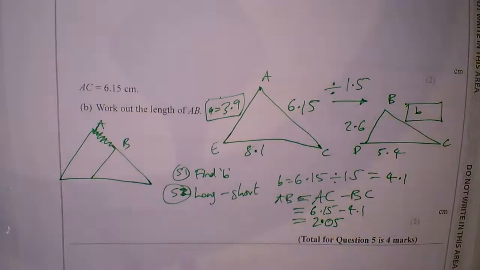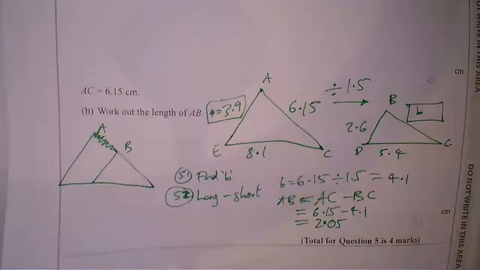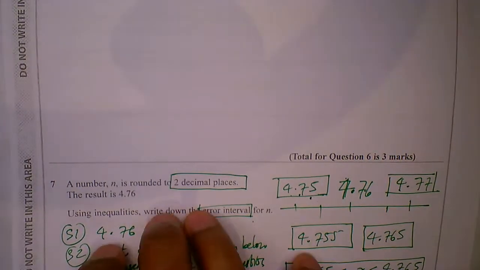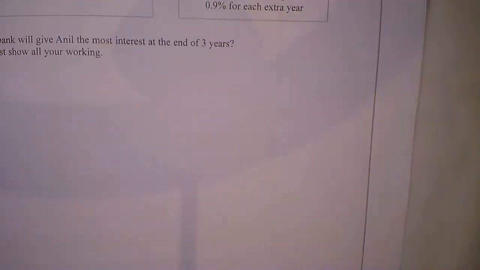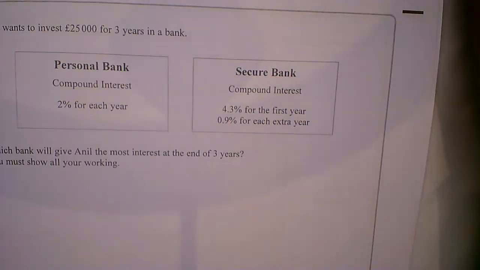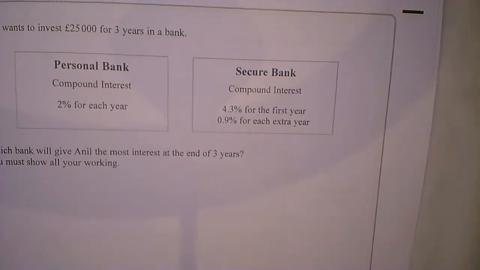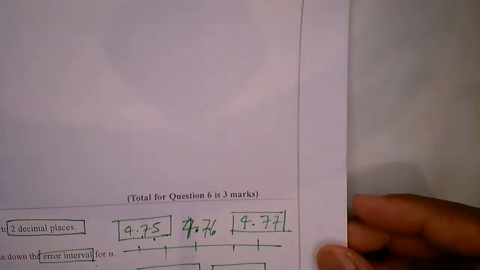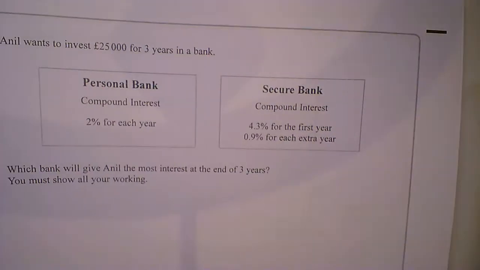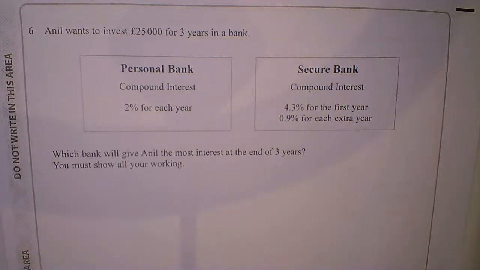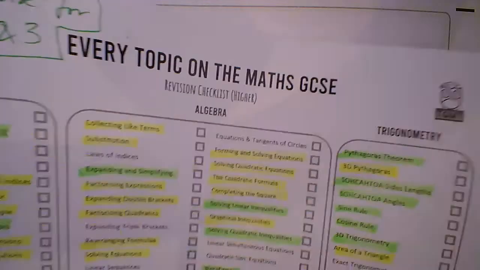That is quite easy to do. Not easy, but hopefully something we can do. It is question 6, and this is worth 3 marks. If I go to my revision topic list, this is compound interest.